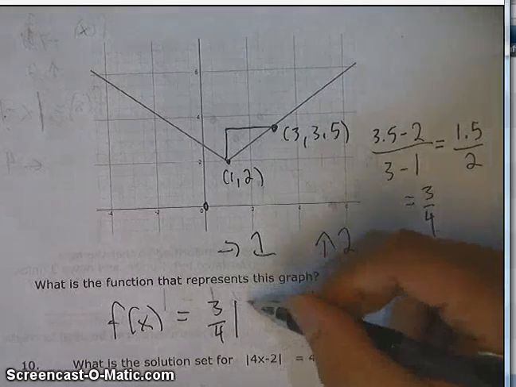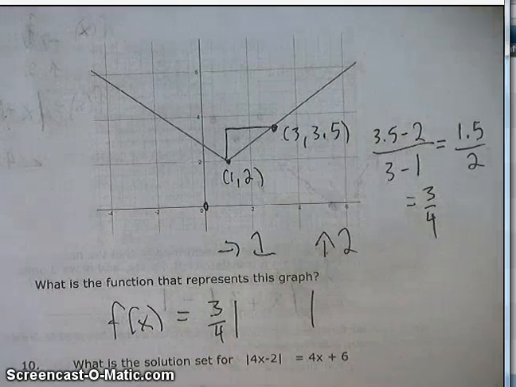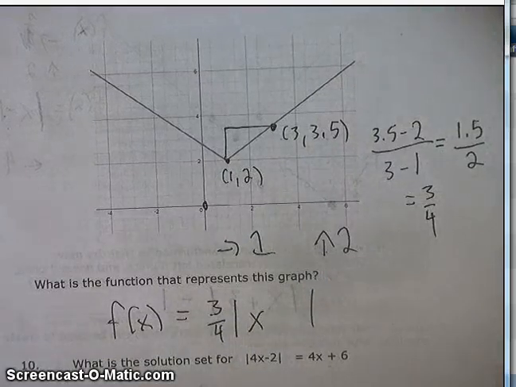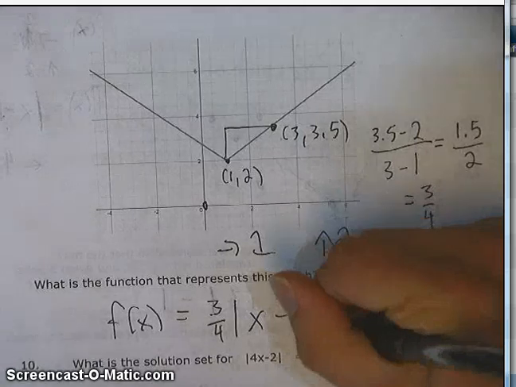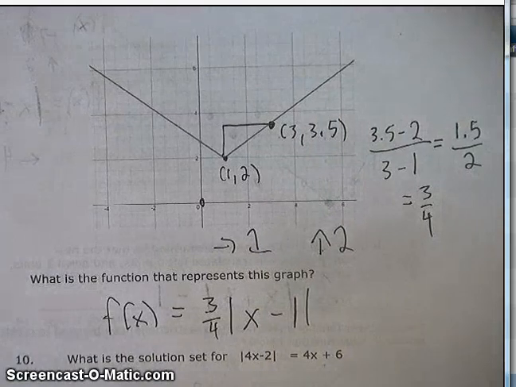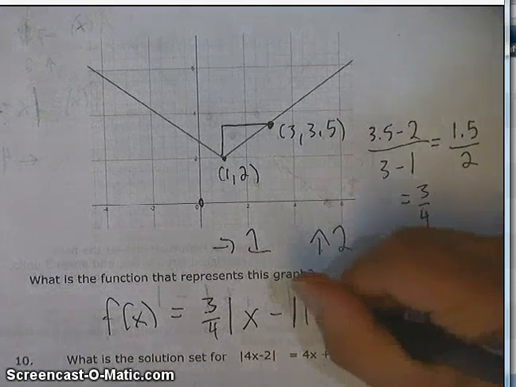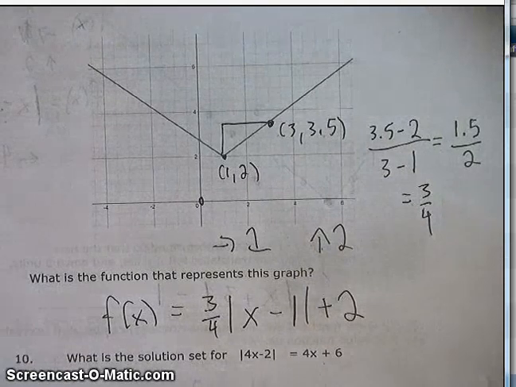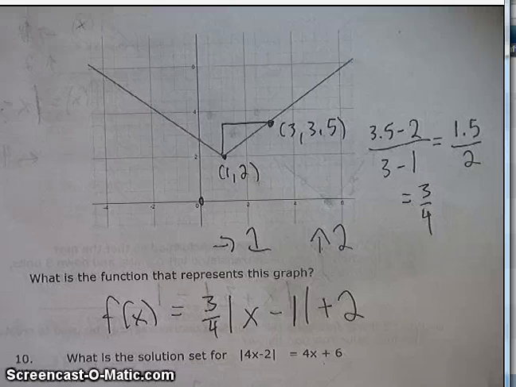So I've got 3/4 absolute value of x. Now I want it to go right one, so I'm going to do x minus 1, because remember, inside the bars is counterintuitive. I want to go up 2, so I'm going to write plus 2. So I got 3/4 absolute value of x minus 1 plus 2 is the function that represents this graph.